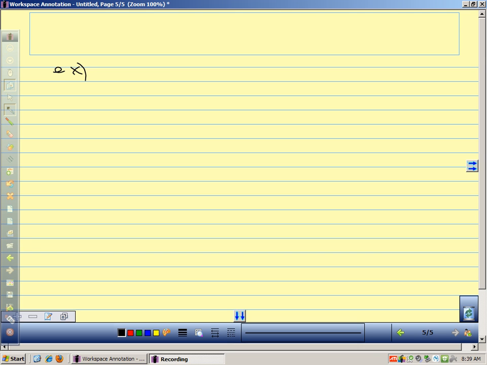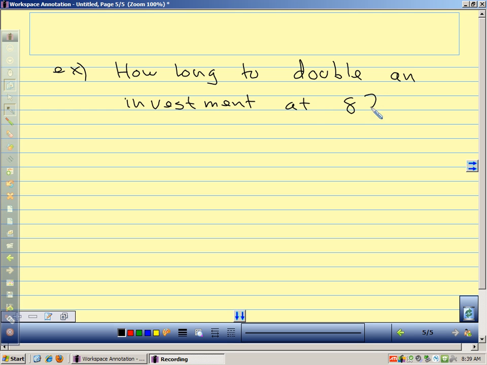So we want to figure out how long it would take to double an investment at 8% compounded continuously.